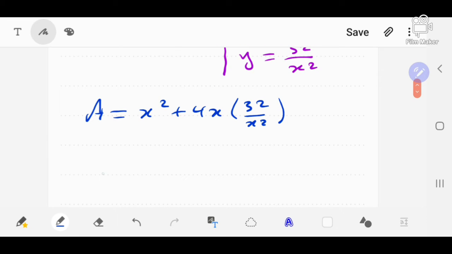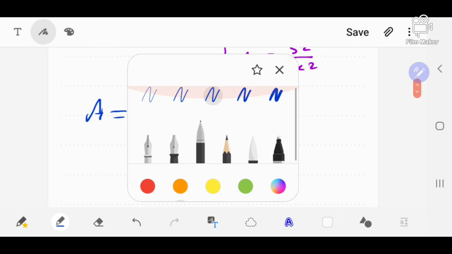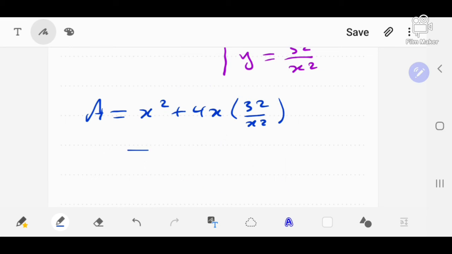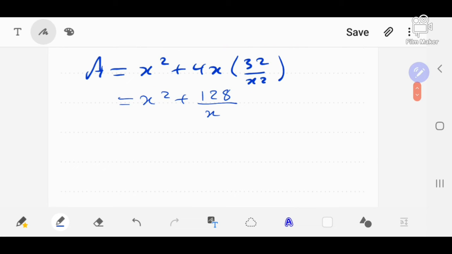Now let's simplify this. It's x squared plus 4 times 32, that's 128, with x squared in the denominator giving over x. This is A, now we need to derive it. So A prime equals, the derivative of x squared is 2x.